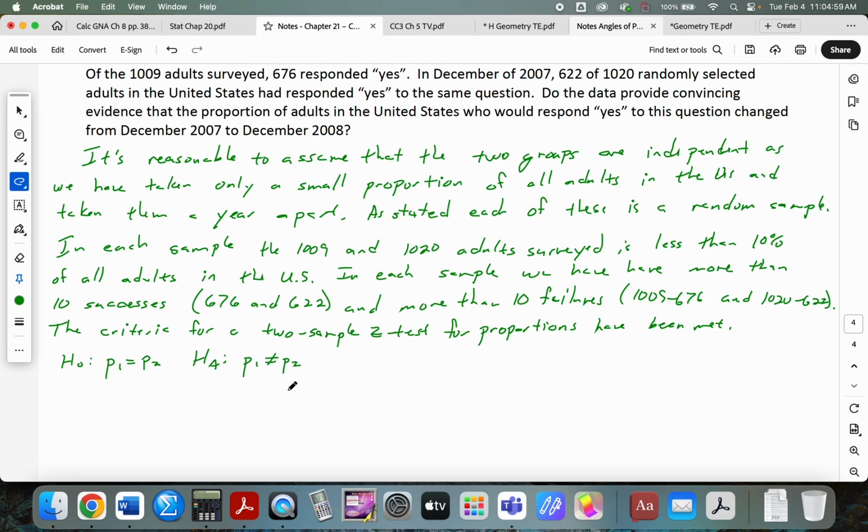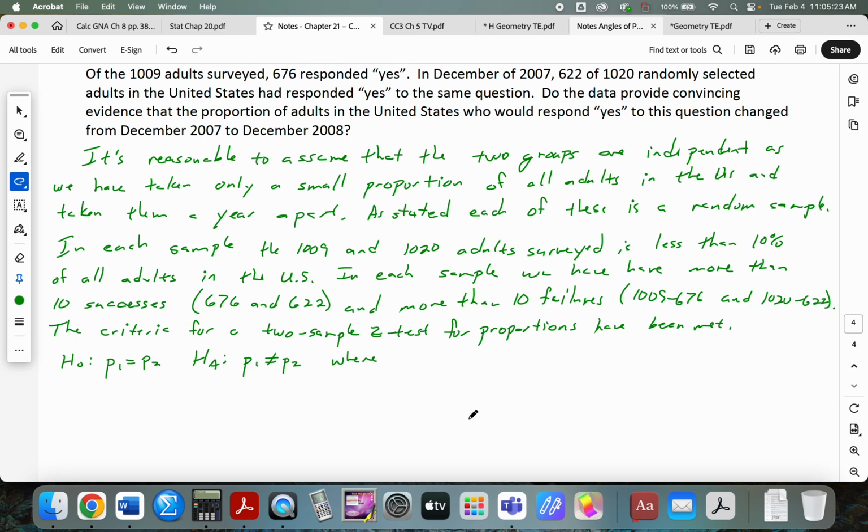Right, this is for the population. So we're trying to take a sample and infer that to the population. And we need to explain what P1 and P2 are. It really doesn't matter which is which, because it's just equal to and not equal to. I don't have to keep track of sides on this.